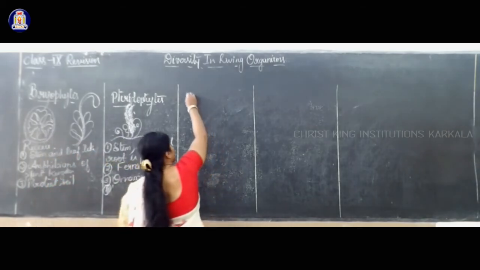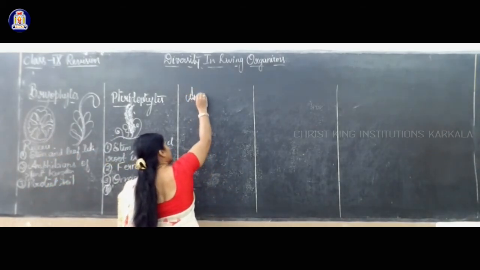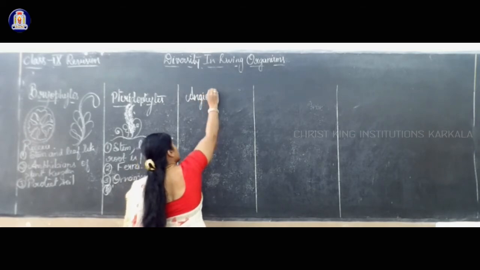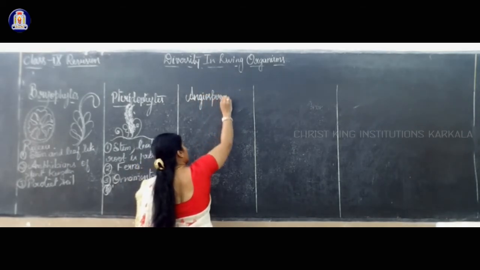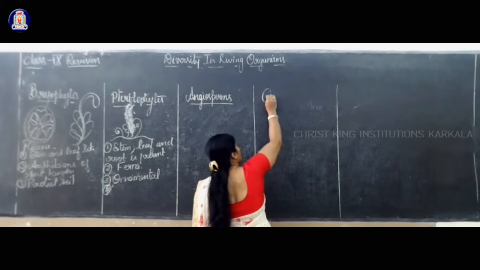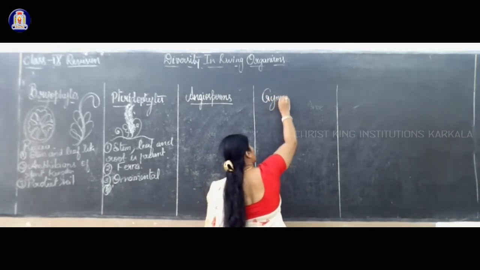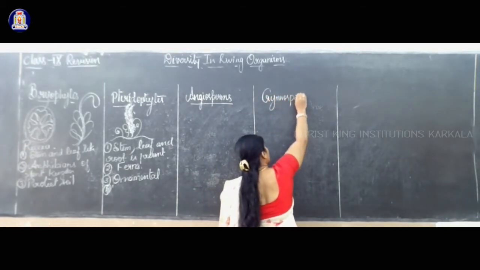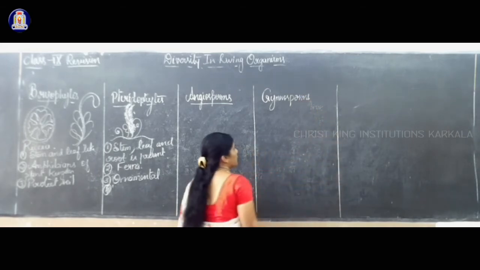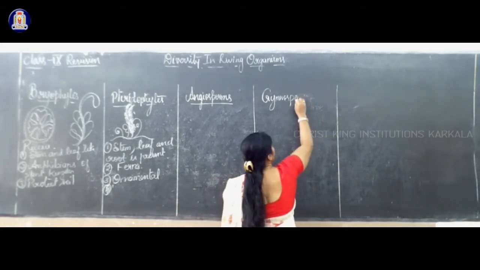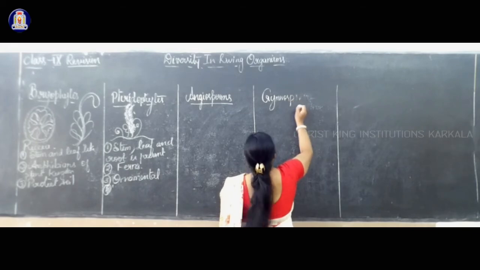Next one, the major group. Write the difference between angiosperms and gymnosperms. This is also a repeated question from your question paper.